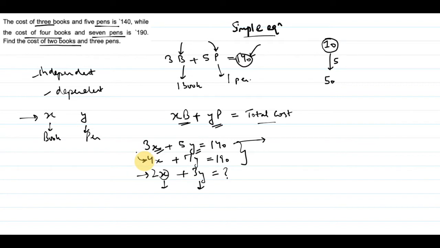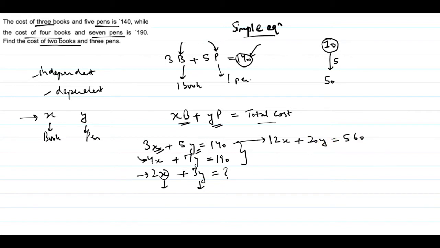So using these two equations, we have to find the values of X and Y. For that, we need to get rid of one variable first and then calculate the other. Suppose I have to eliminate X. What will I do? I'll multiply the first equation by 4. I'll tell you why. So you get 12x plus 20y equal to 560.